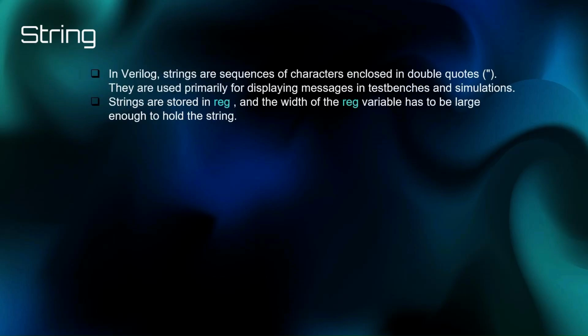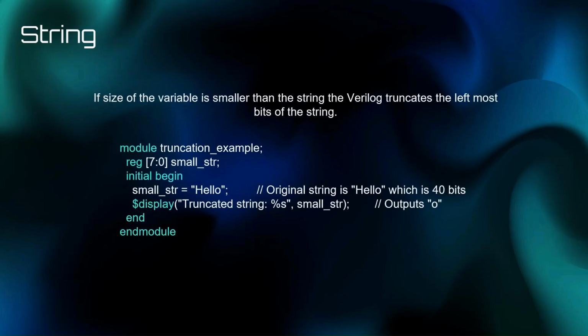In Verilog, strings are sequences of characters enclosed in double quotes. They are primarily used for displaying messages in test benches and simulations. Strings are stored in reg variables, and the width of the reg variable must be large enough to accommodate the string. In the truncation_example Verilog module, an 8-bit register named small_str is used to store a string.